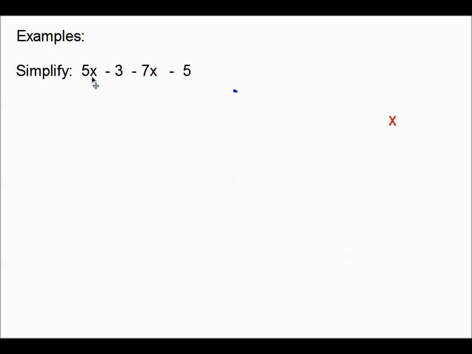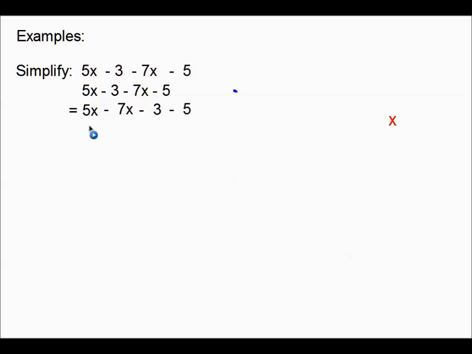If we want to simplify this, we write the question down and then we gather the like terms. There's a 5x here and a subtract 7x, so let's put those together. And I'm looking at the sign in front of the term here. Subtract, or the operation, subtract, and then we have subtract 3 and subtract 5. Now our like terms are together.